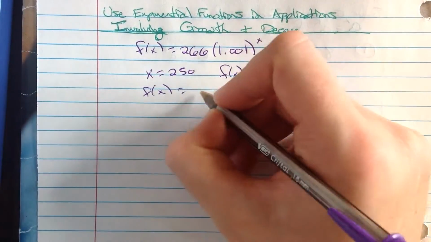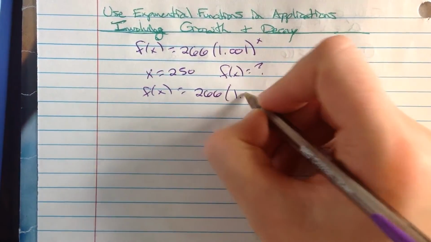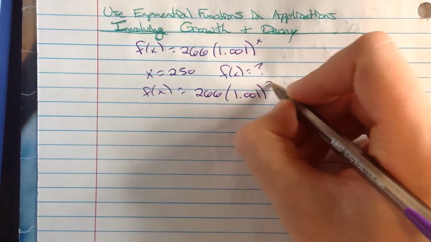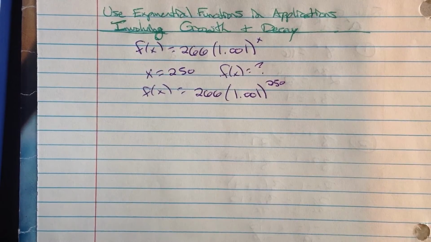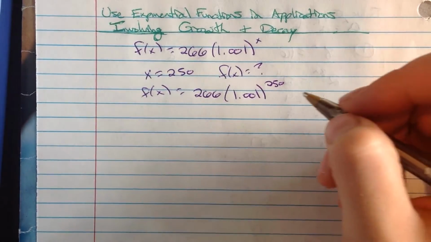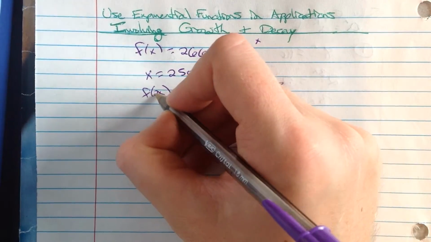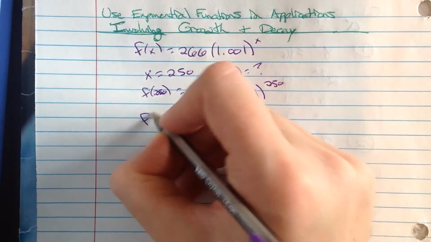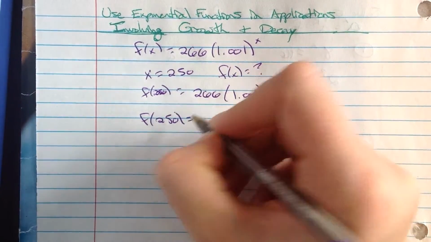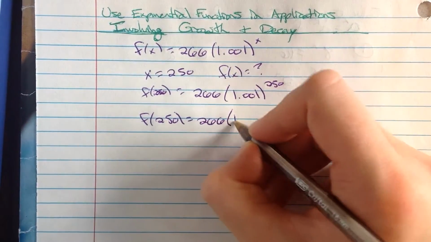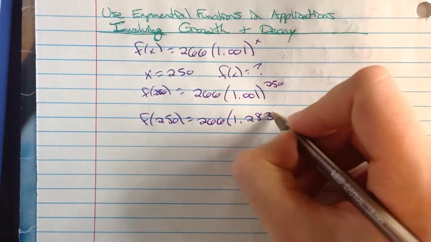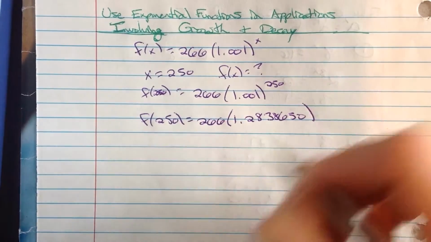Well, f of x is 266 times 1.001 to the 250th power. So what this becomes, and this is when x is 250, f of 250 is equal to 266 times 1.2838650, according to the calculator.